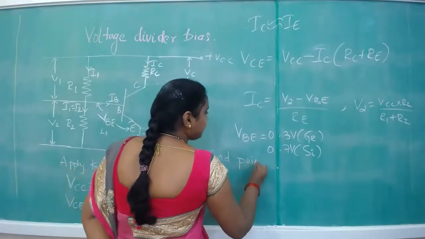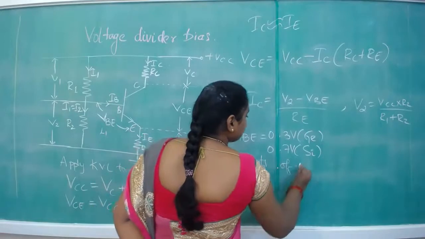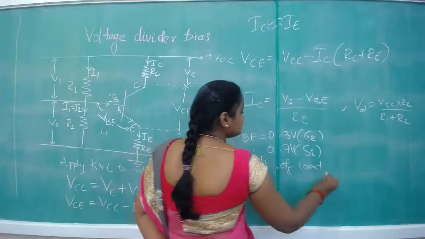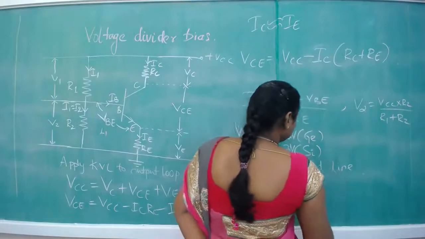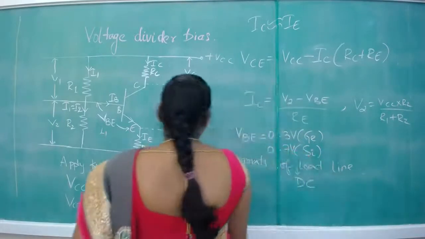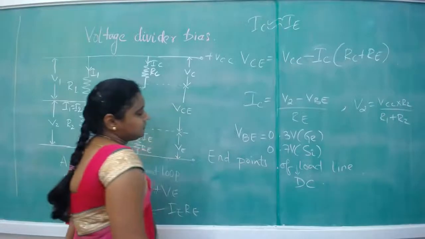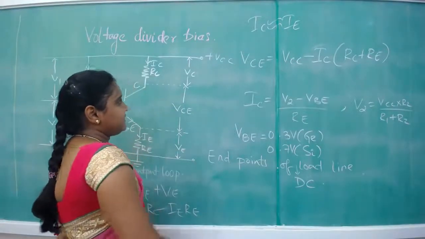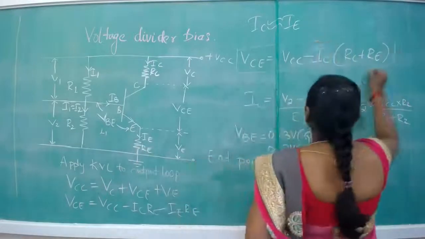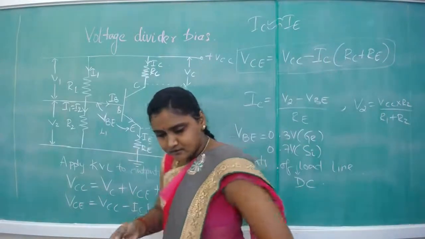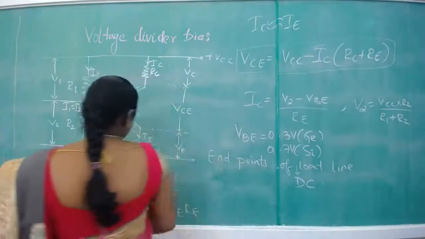End points of the load line, otherwise DC load line. Okay, end points of the DC load line. For that, we will be using this expression.